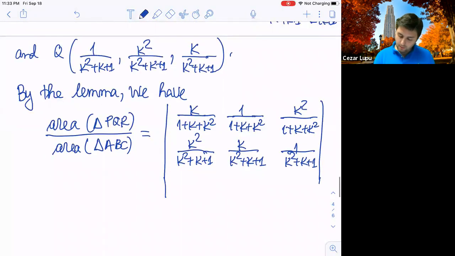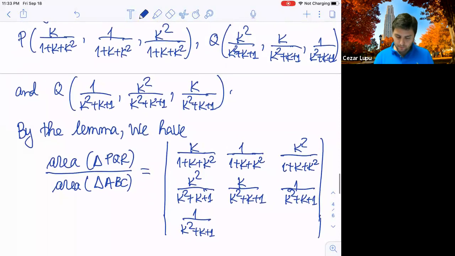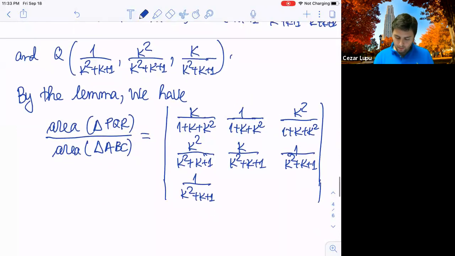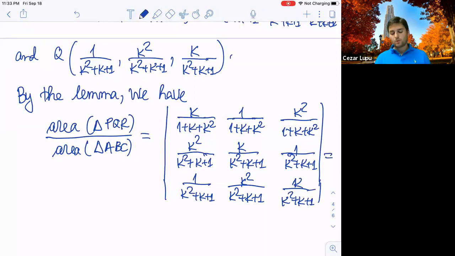And the last row will be 1 over k squared plus k plus 1. K over k squared plus k plus 1. All right, well, it's quite clear we can factor something here.